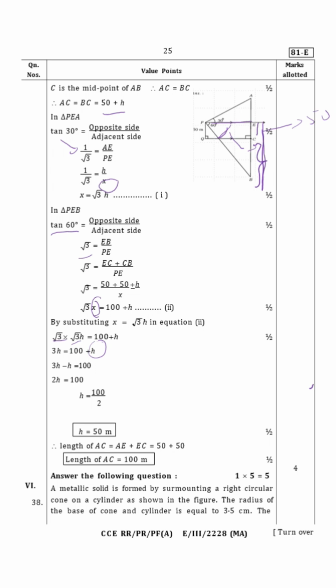Now the next question. A metallic solid is formed by surmounting a right circular cone on a cylinder as shown in the figure. The radius of the base of the cone and cylinder is equal to 3.5 centimeter. Okay, this is a 5 marks question taken from the chapter surface areas and volumes.